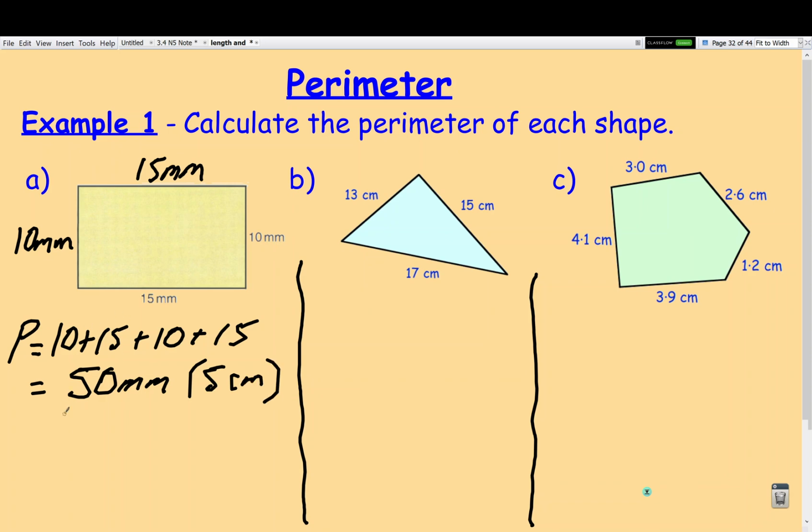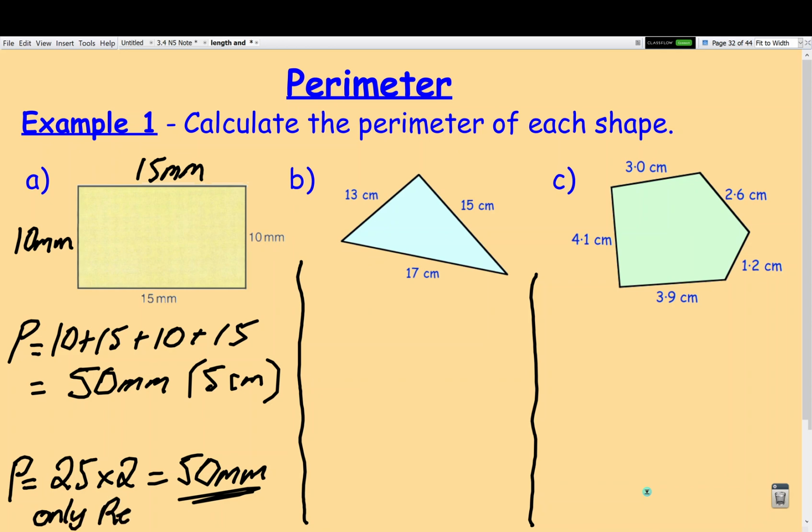Another way you could have done that calculation, some people prefer to do it this way, is add the two sides. You can only do this for rectangles because there are 4 sides and 2 of them are always the same. So you could have done 25 millimetres times 2 to also give you your 50 millimetres. Some people prefer to do it that way, but that only works for rectangles. Just be wary of that.